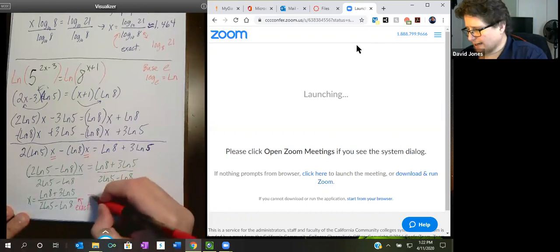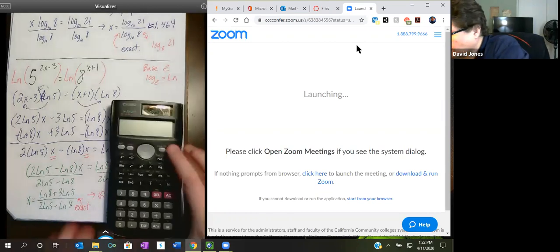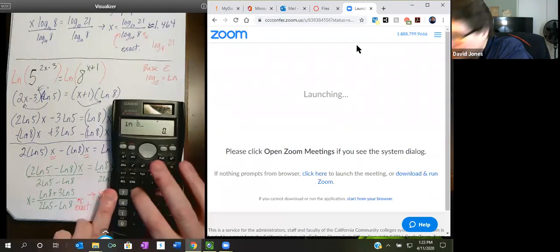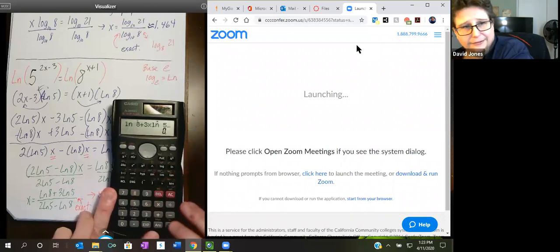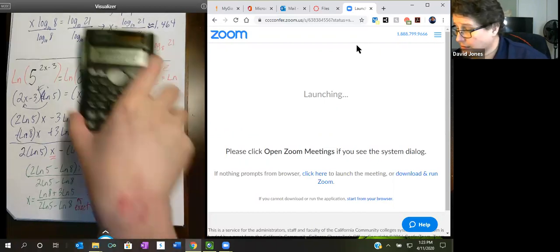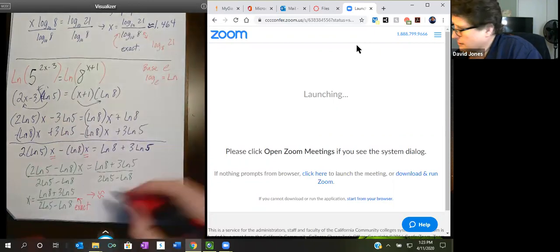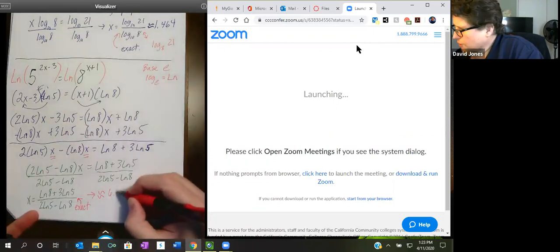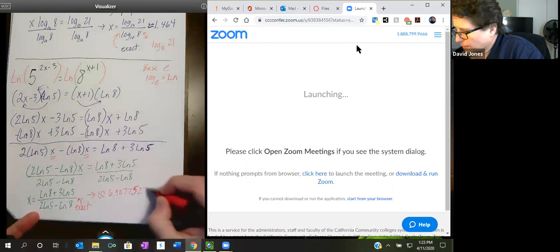If we throw it into a calculator, we get an approximation. Let's see, what's the top? I've got natural log of 8 plus 3 times the natural log of 5. I'm going to do this in a couple steps. And you shouldn't stop on the calculator, but you can. You kind of want to do this all as one operation.